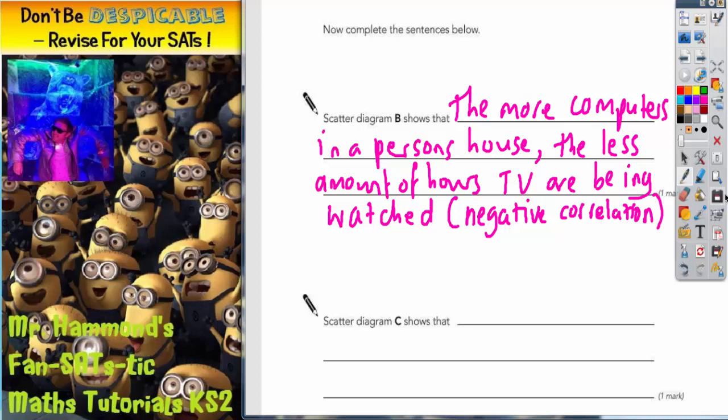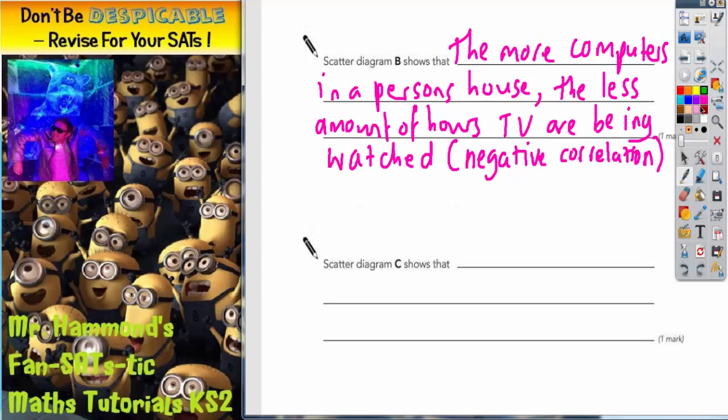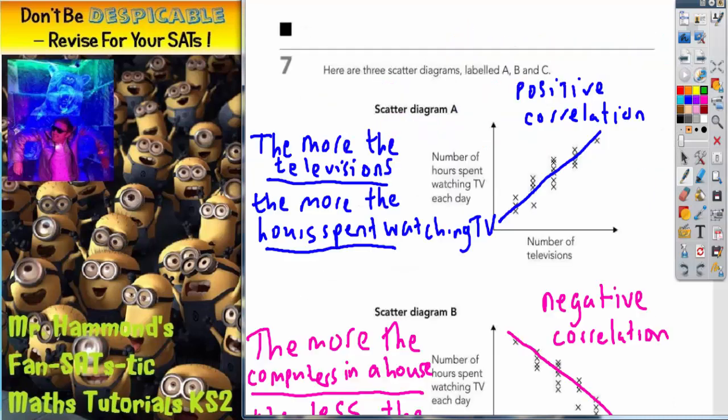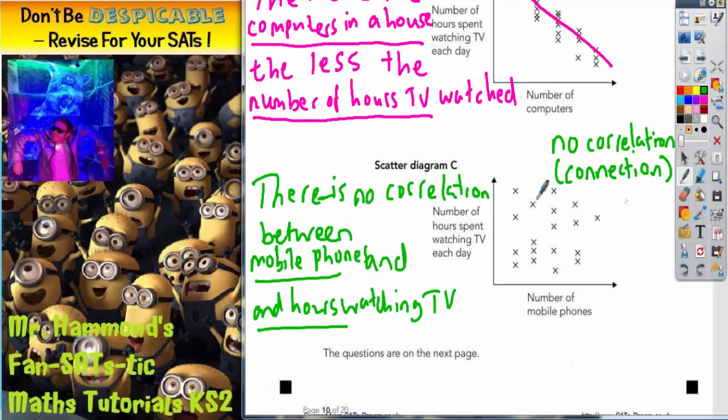On diagram C, remember we were saying that there was no connection because the crosses are scattered, so there is no correlation or no connection between the number of mobile phones in a person's house and the number of hours spent watching TV.